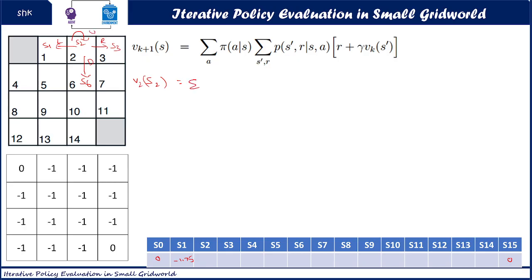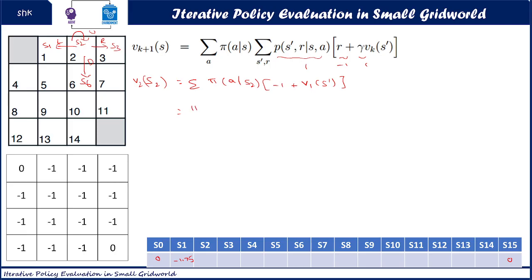So this we can write as the summation over all the actions of the probability of action A from state S2. The probability here is 1, reward is minus 1, discount factor is 1. So straight away I am substituting minus 1 plus Vk. Vk is now V1, depending upon the action S dash.